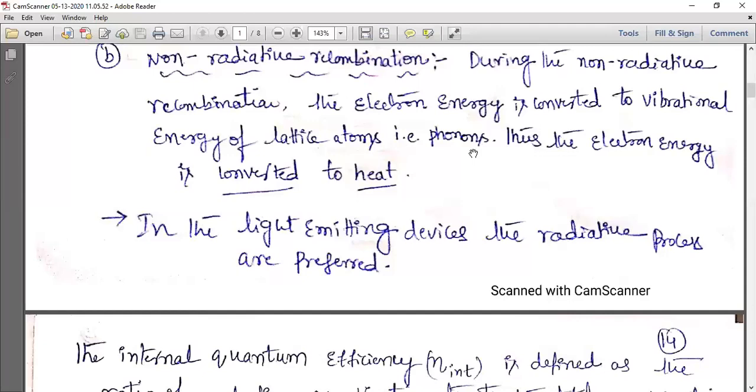So there are chances of radiative as well as non-radiative recombination when the carriers come to the active layer. If it generates light, it is radiative recombination. If it generates heat, it is non-radiative recombination. But our main focus is to generate light through radiative recombination.